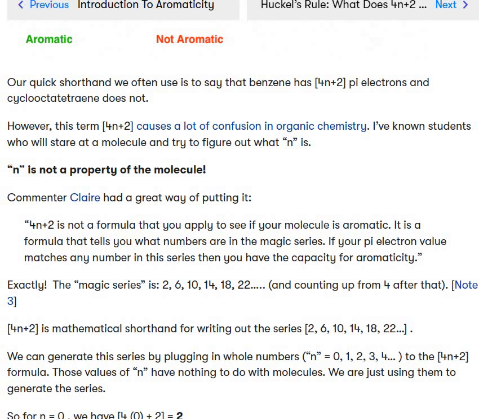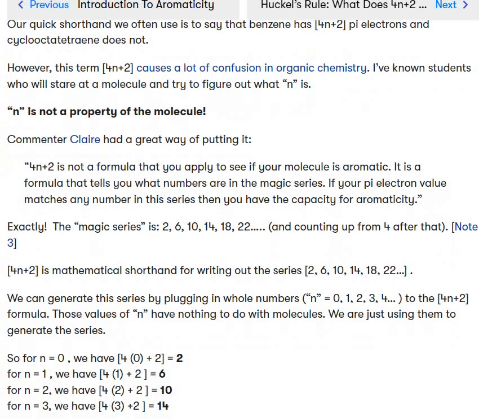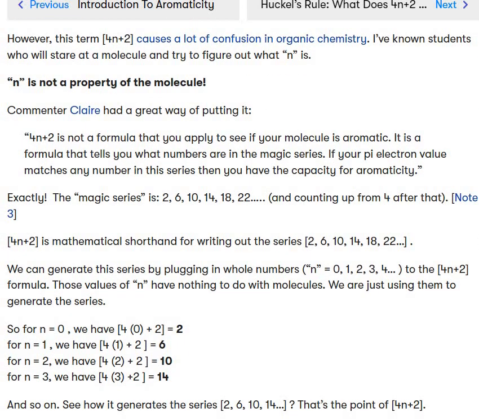If your pi electron value matches any number in this series, then you have capacity for aromaticity. Exactly. The magic series is 2, 6, 10, 14, 18, 22 and counting up by 4 after that. So 4n plus 2 is the mathematical shorthand for writing out the series 2, 6, 10, 14, 18, 22.